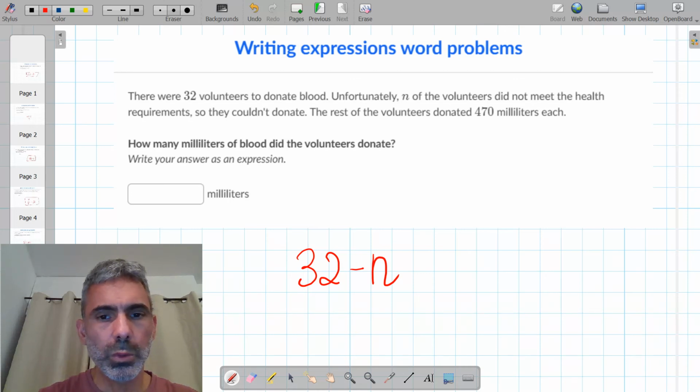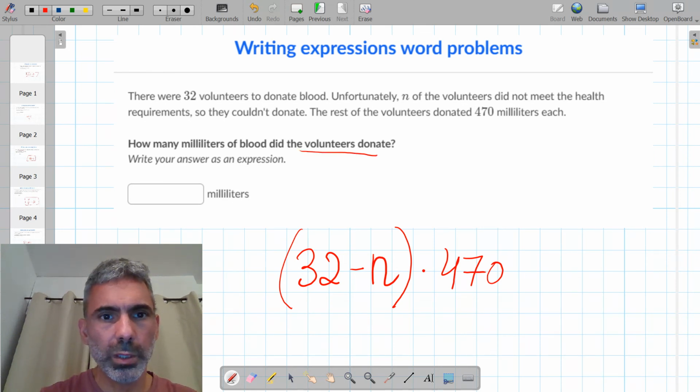So 32 minus N is the number of volunteers that did donate blood. And this number needs to be multiplied times 470 milliliters each to know the total amount of milliliters all the volunteers donated together. Write your answer as an expression.